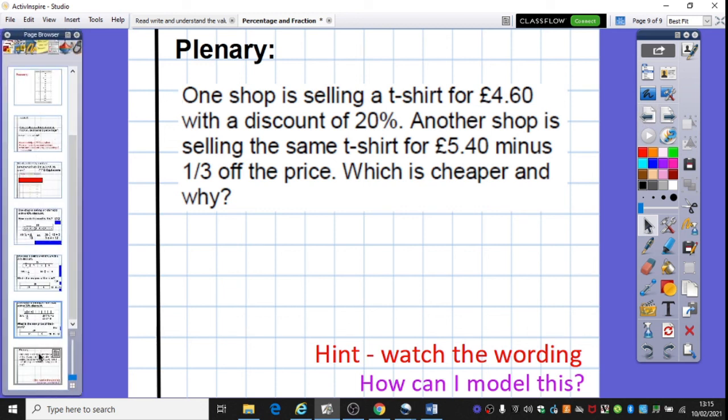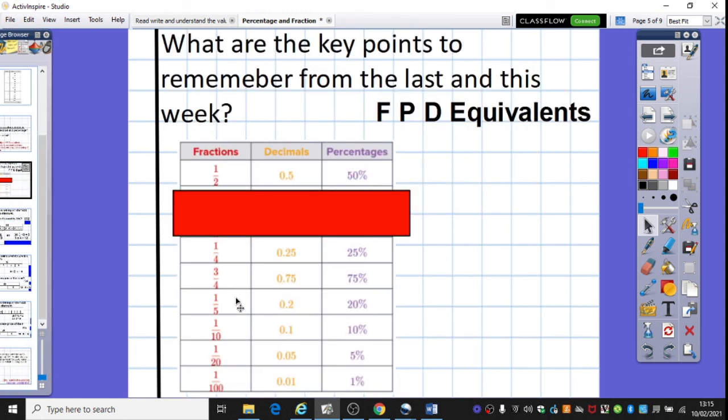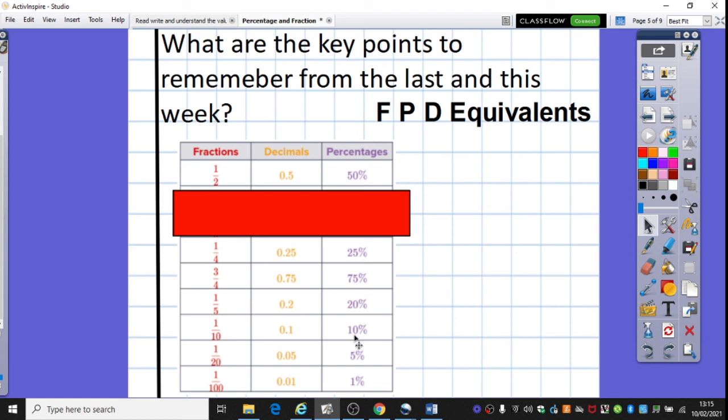So come back to those slides that we looked at near the beginning, looking at those equivalents to help you. And obviously with 10%, if you found 10%, then you know that's 1/10, but if you're looking at other multiples of 10%, so 20%, 30, 40, 60, 80, 90, then think about that equivalent fraction in order to help you. That equivalence is the same, so you can do the same thing as finding fractions of amounts.